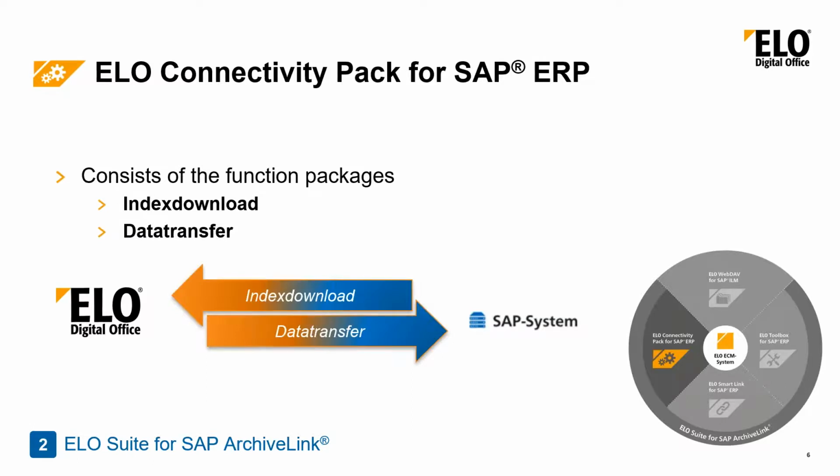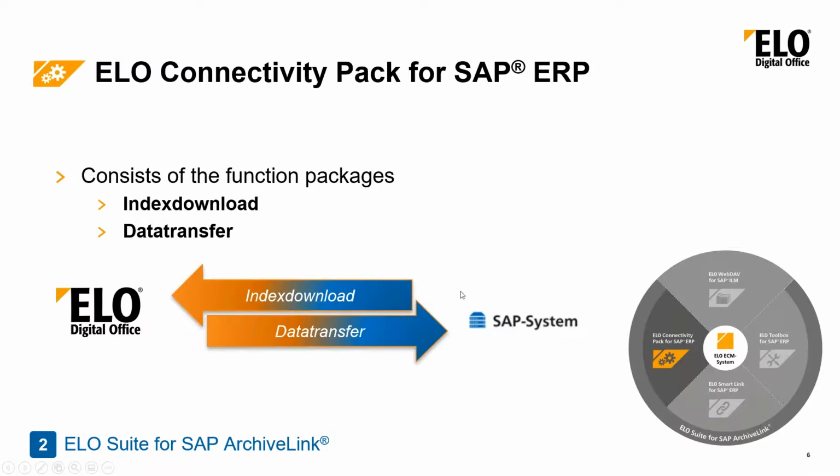Okay, the ELO Connectivity Pack for SAP ERP. The connectivity pack, as I said before, is responsible for the communication between ELO and SAP. And this basically comes down to two main functions. First of all, the index download, as you can see in the graph here.